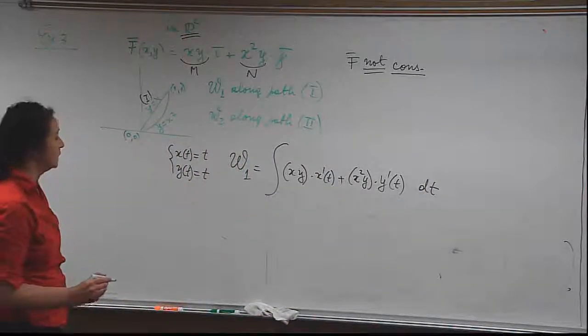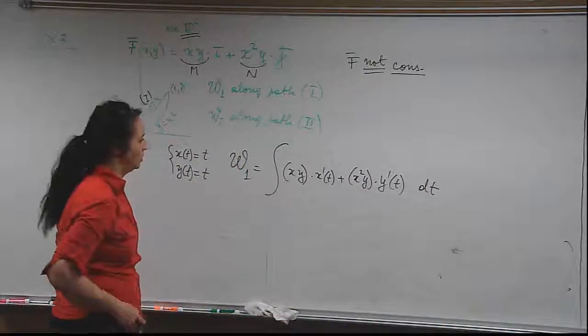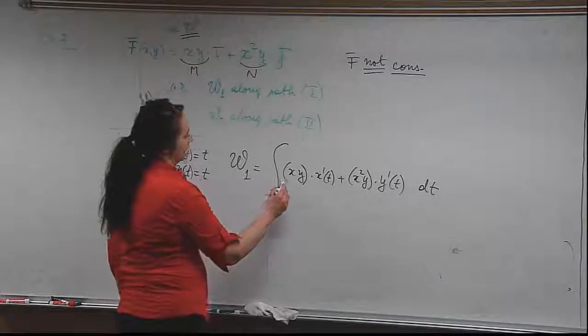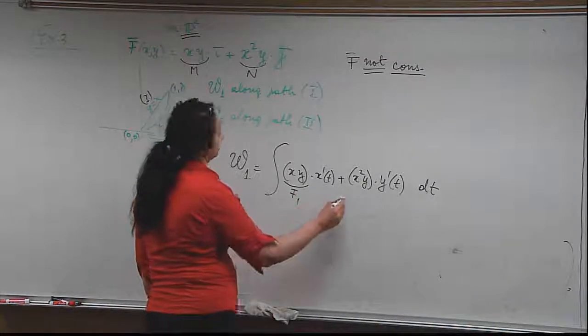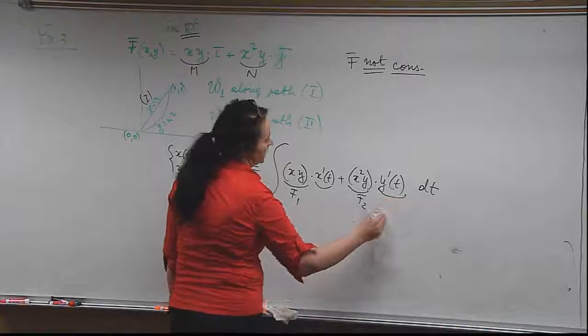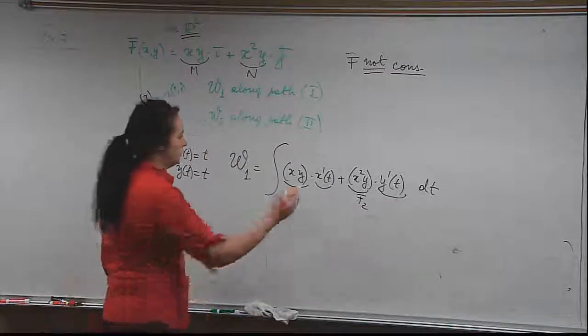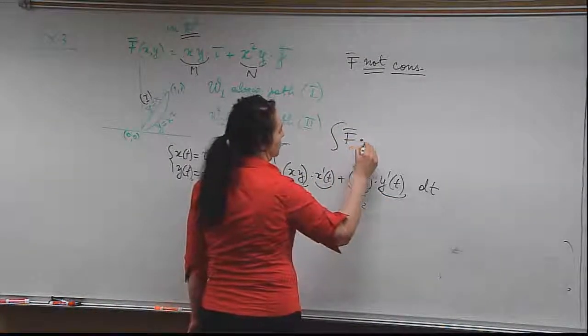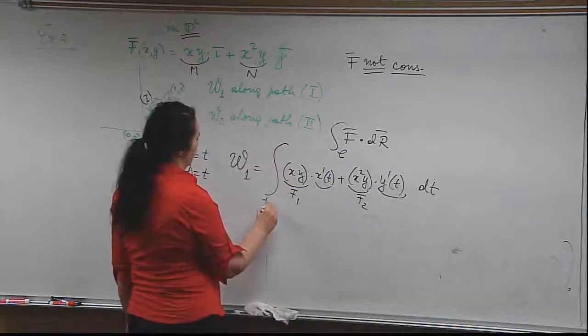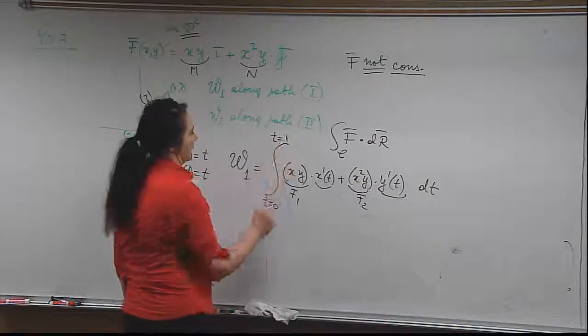This is f1, dx; this is f2, this is x prime and this is y prime, because this thing is just F dot dr. Is that not the same as just f1 dx?